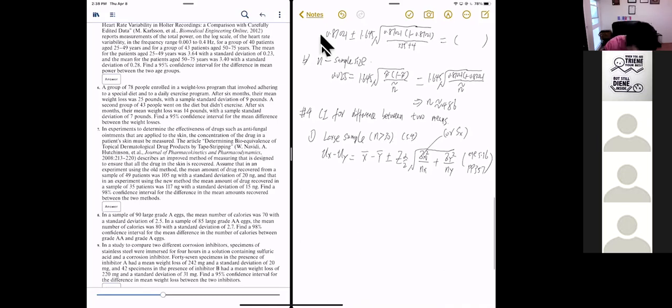For a small sample, n less than 30, that's from section 5.6. Again, I put these two equations side by side so you can see the difference. For mu x minus mu y, the difference is that instead of using the z value, we use the t value.